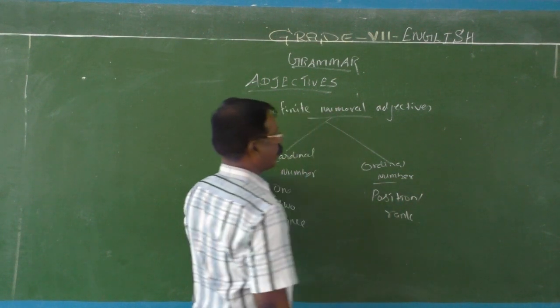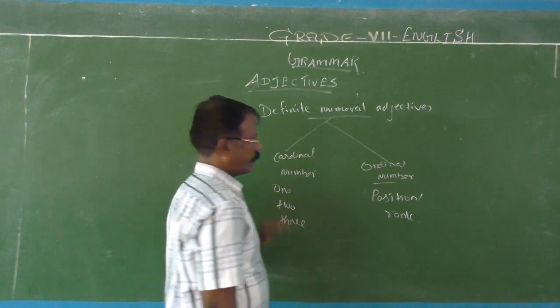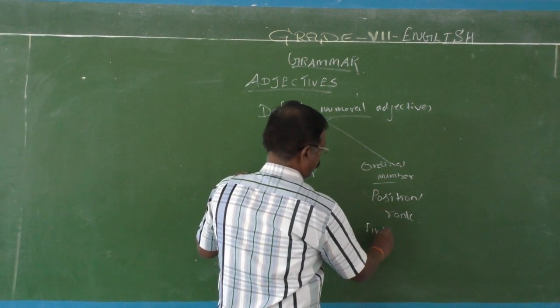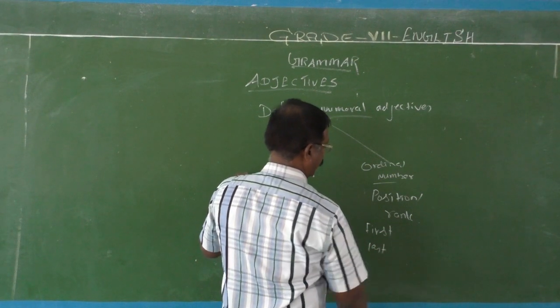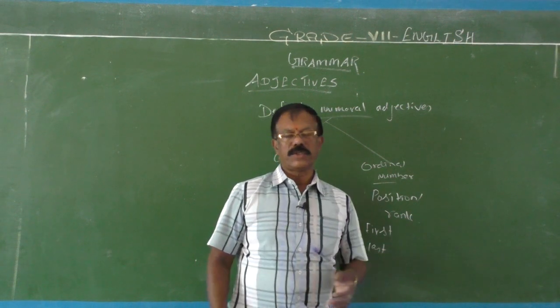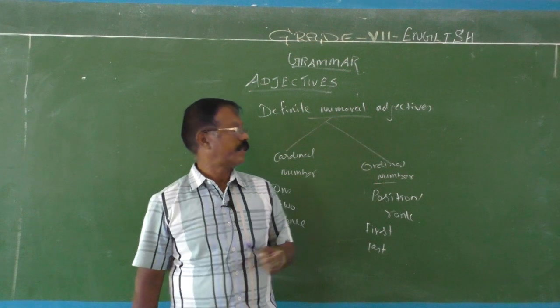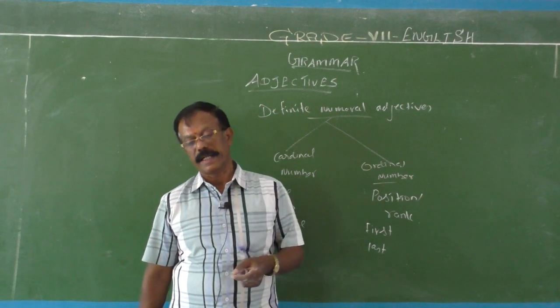So the numbers which show the position or the rank of anything are called ordinal numbers. For example, first, last, hundredth, thousandth, second. They show the position or the rank. Therefore they are called ordinal numbers.